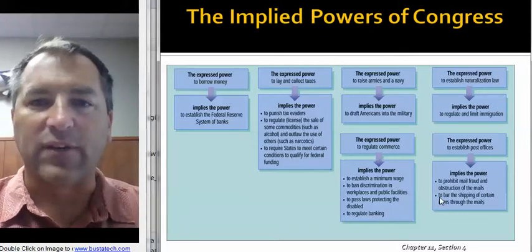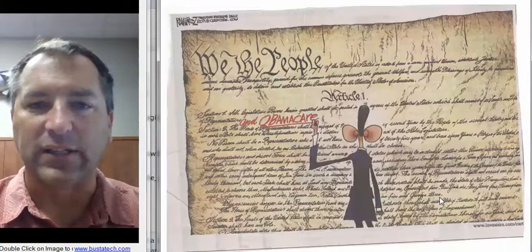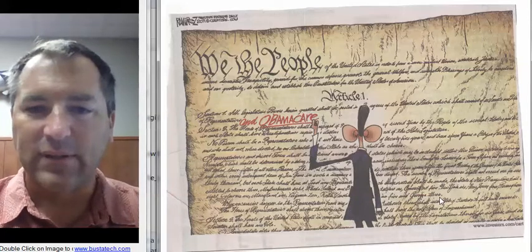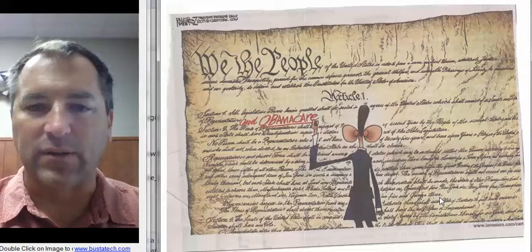So again, if there's any question over whether it's really implied in there or not, then you need to take that to court. The cartoonist here obviously is implying that the Constitution does not give the government the right to make a national health care. So what's happening? The president is adding that.